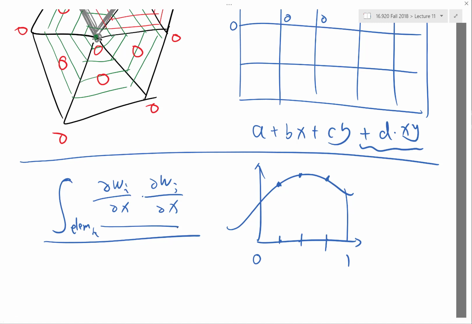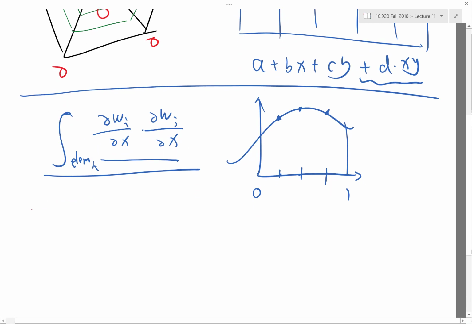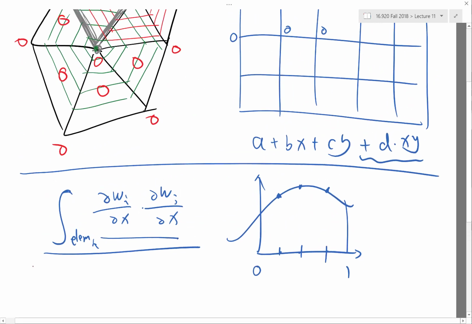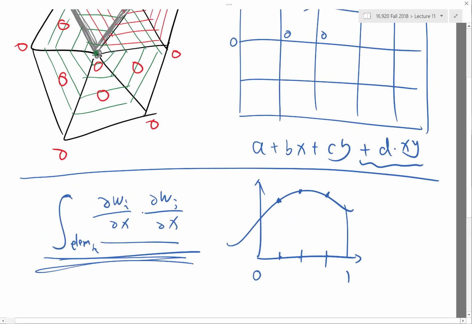So Gauss Quadrature, being very accurate for smooth functions, is usually the most preferred way of integrating the basis functions or interactions of basis functions within a single element.